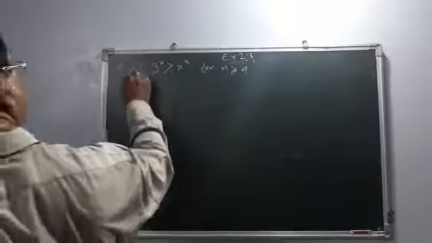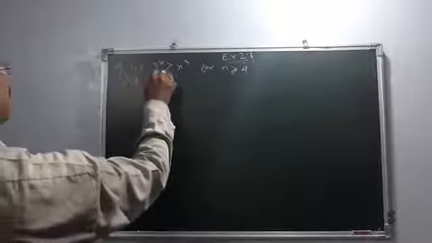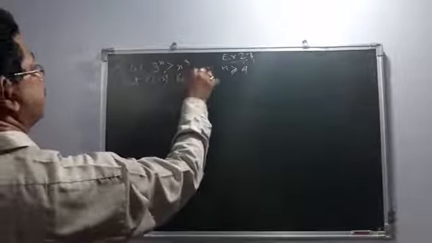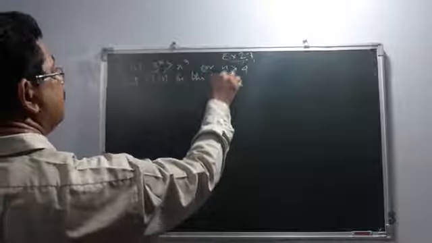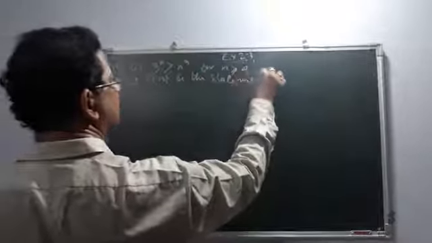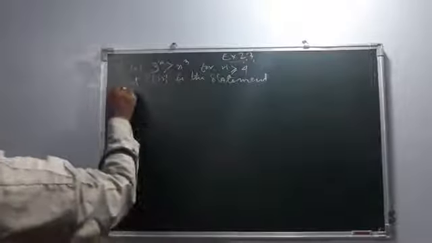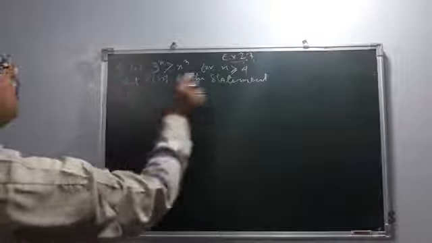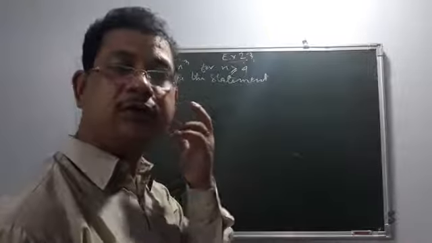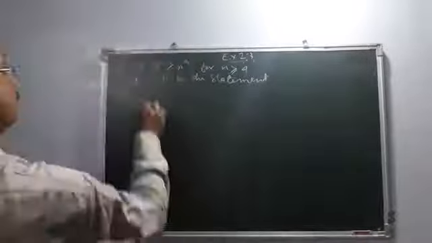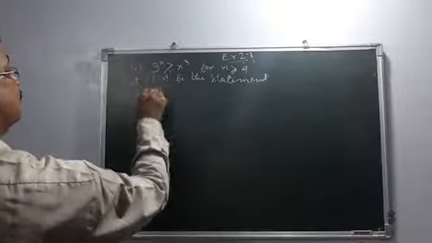Let P(n) be the statement. That is, this statement we have given a name. Remember, here we cannot put n is equal to 1. They have given n should be greater than or equal to 4. So of course n is equal to 4 we put as the first condition.